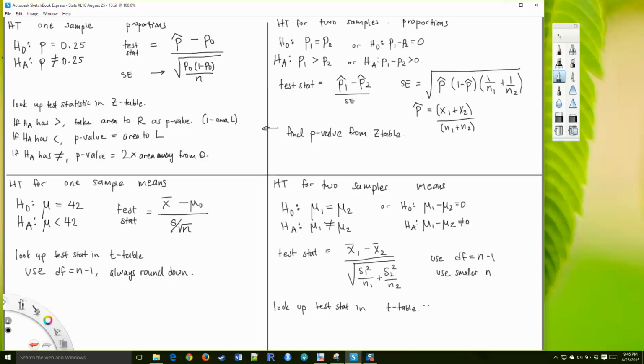Does everyone have this? Yes? No? Okay, I'll give you another minute. And then I'll just do one more page, which shows the conclusions, based on how the p-value compares to alpha, whether you reject or not reject, and do you have evidence, do you not have evidence, all of that stuff. So there's one more page, and then we're all done.